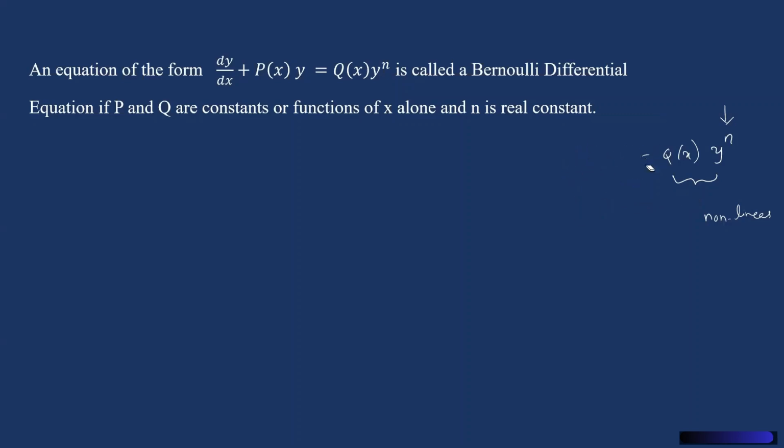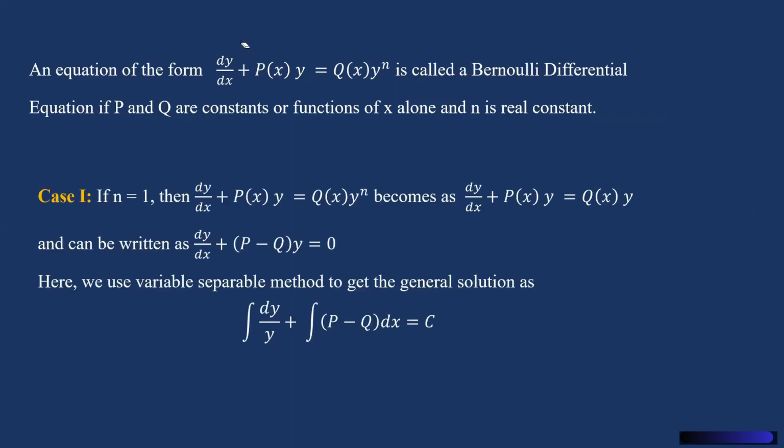We first take case number 1. Though you are given it as y to the power n, and of course I have considered n greater than 1, what if n is exactly 1? In case n is 1, the right hand side becomes simply q of x into y to the power 1.